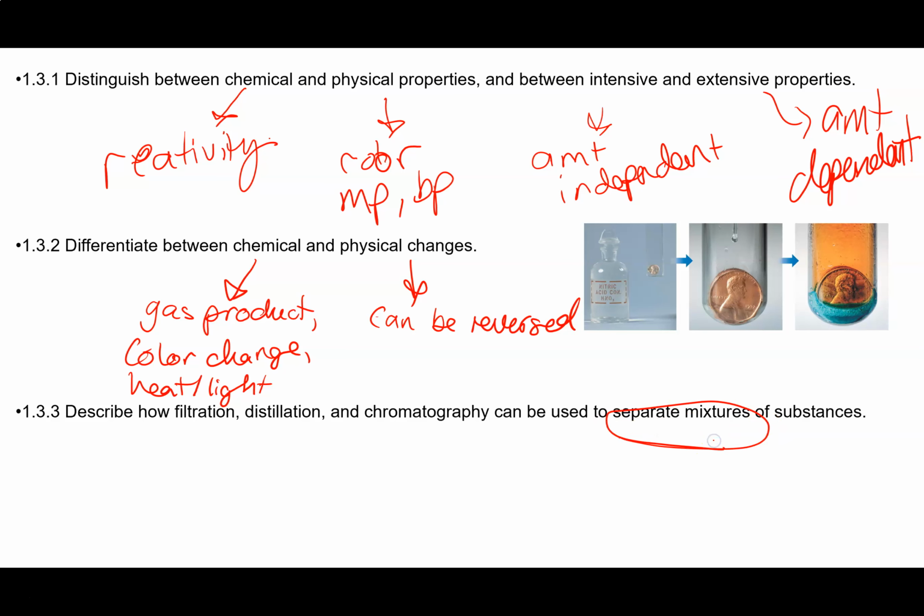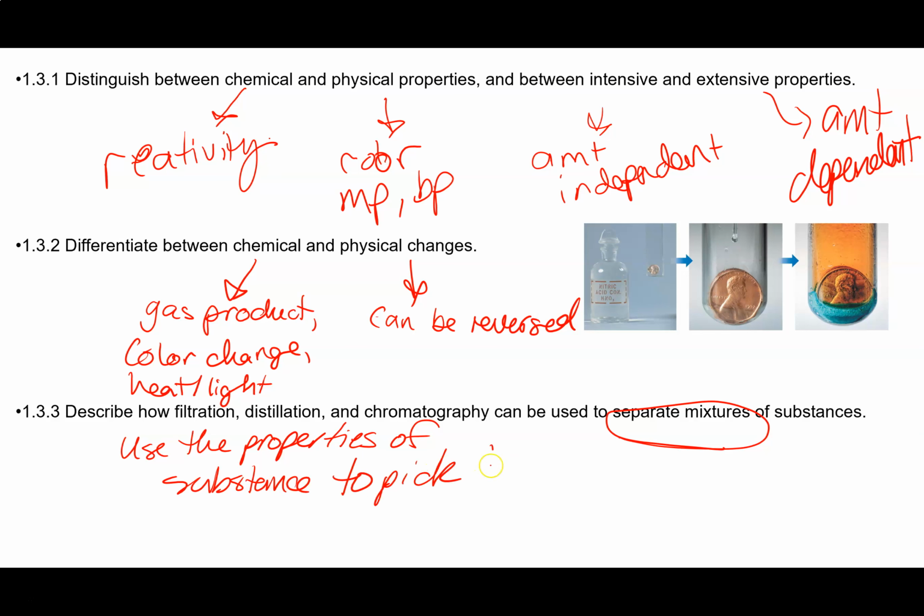And then very last, we have a couple of different separation methods. The separation methods discussed were filtration, where we use the properties of the substance to pick the best separation method. For instance, if we're trying to separate sand from water, then we may use filter paper.